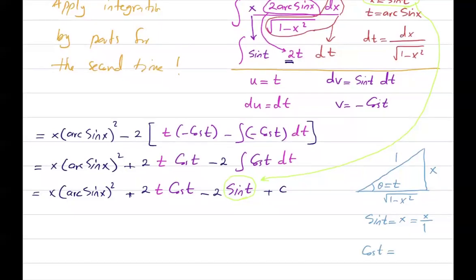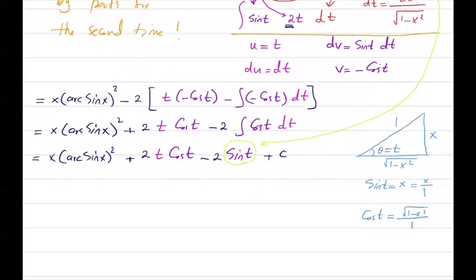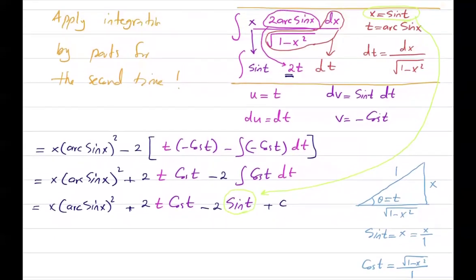This is equal to the square root of 1 minus x squared divided by 1, or cosine t is equal to the square root of 1 minus x squared. Perfect. And for t itself, let me go back up here and show you the definition of our t. t is equal to arc sine of x. So you're going to just substitute this down here.